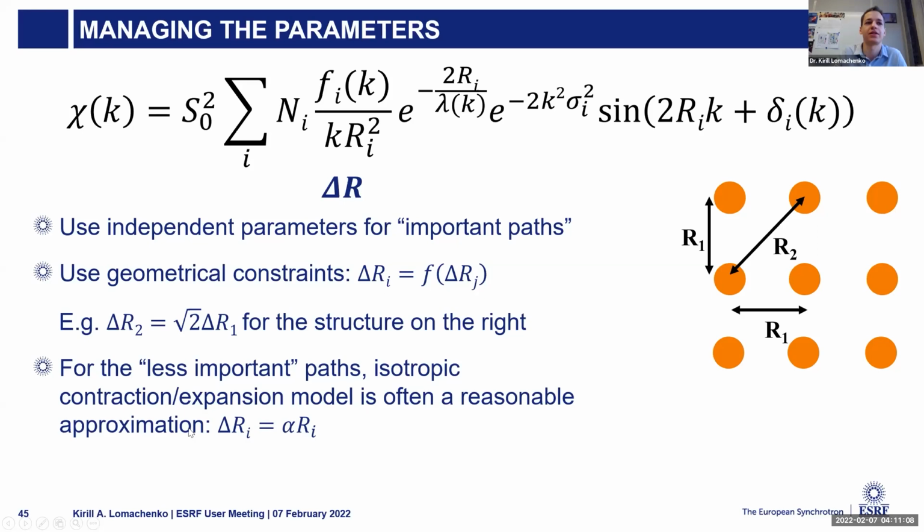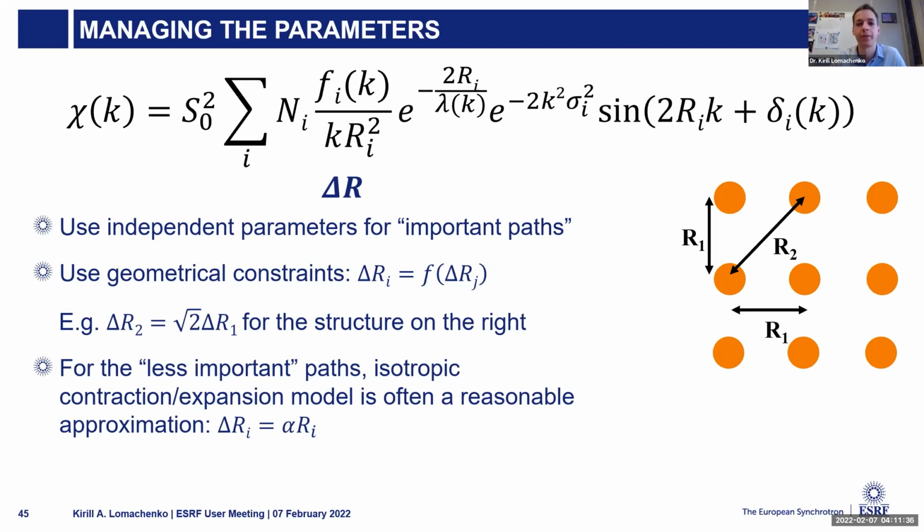So you can have this approximation like delta R is equal to alpha R for many paths. So you can fit many paths with just one parameter alpha, which is the isotropic expansion contraction factor. So this is justified for cubic systems. For systems which are less symmetric, it's probably a little bit less justified, but still it may be an option to consider.